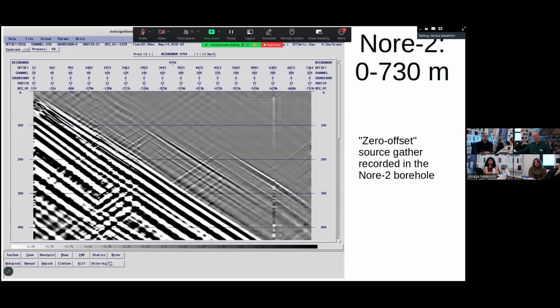We don't even see the first arriving P wave, and it's really not much use even after filtering. We wanted to get an estimate of the vertical velocity for our depth conversion, so this wasn't so useful.